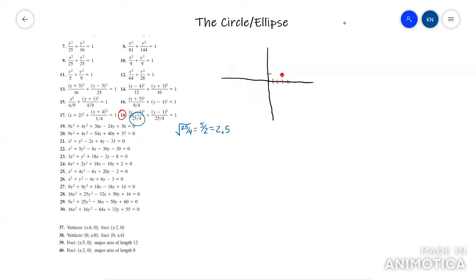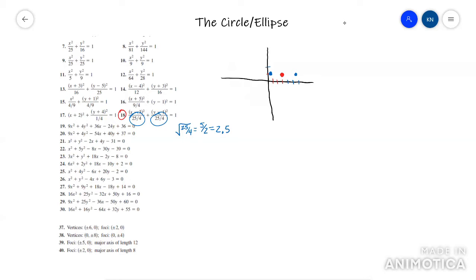So I'm moving 2.5 to the right, and then to the left as well. And then for the up and down, same thing. The square root of this is 5 halves, 2.5.